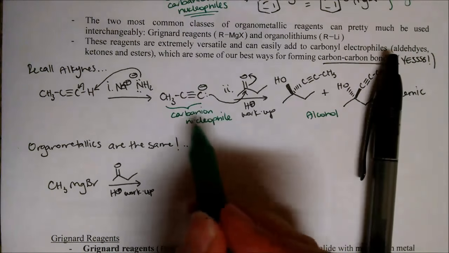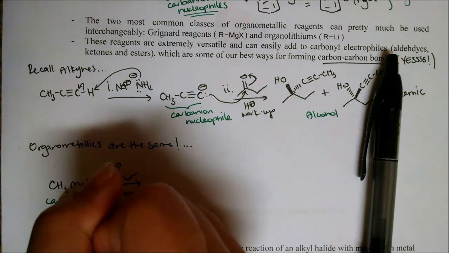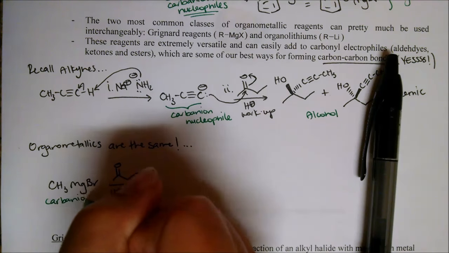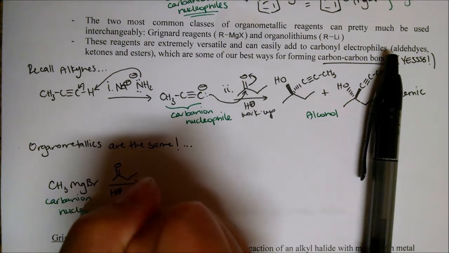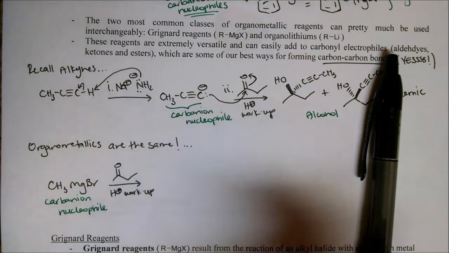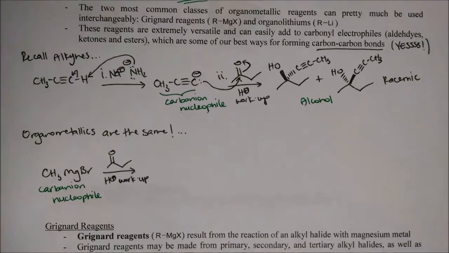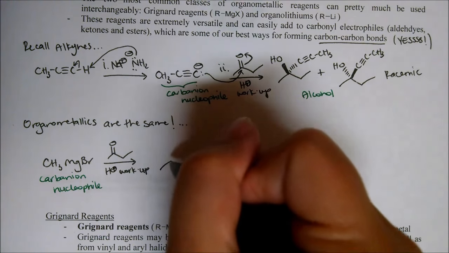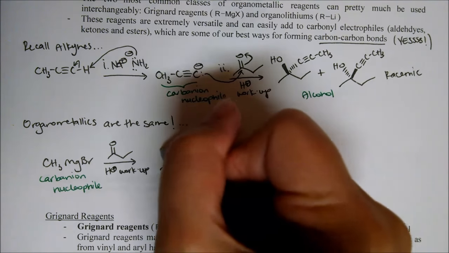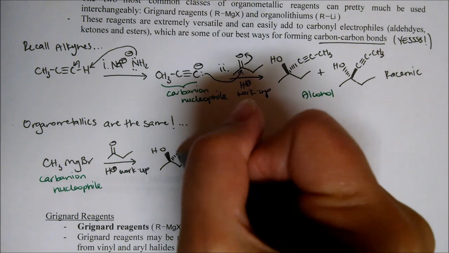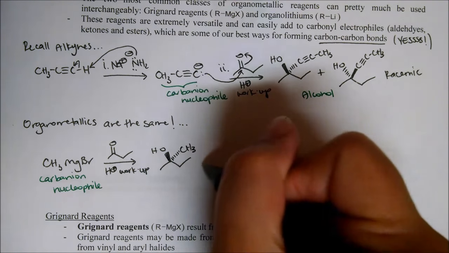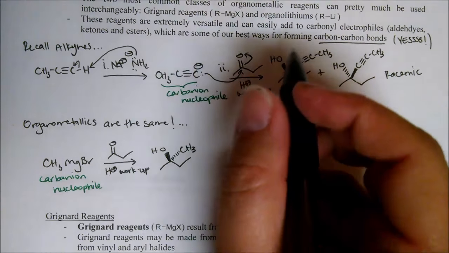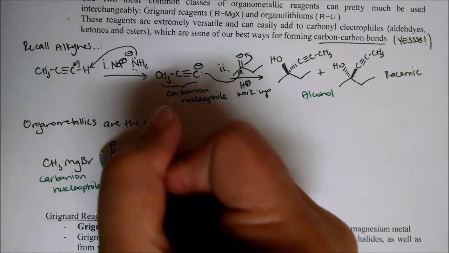Okay, just like up here, here's our carbanion nucleophile. And in the end, we are again going to get a racemic mixture of alcohols where the methyl has added. CH3, oops, this one's not racemic because we need more carbons.